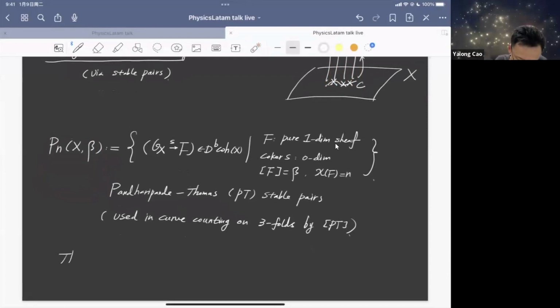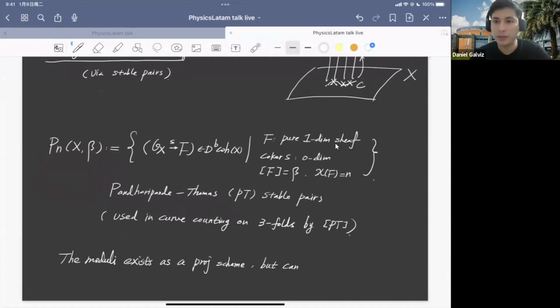So another remark is that such a moduli space is a so-called projective scheme. We can just pretend this is a compact topological space.